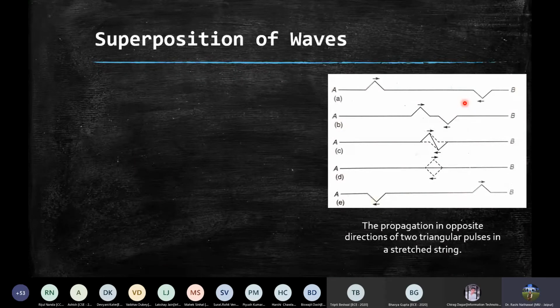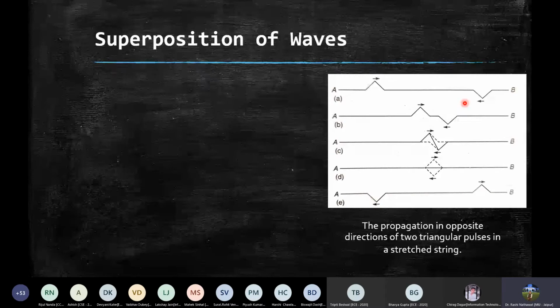In the region of crossing, there are places where the disturbance is practically zero, and others where it is greater than that given by either wave alone. Means somewhere the disturbance is zero, but somewhere it is maximum. In that way we have dark and bright fringes, which we will understand very deeply, step by step.